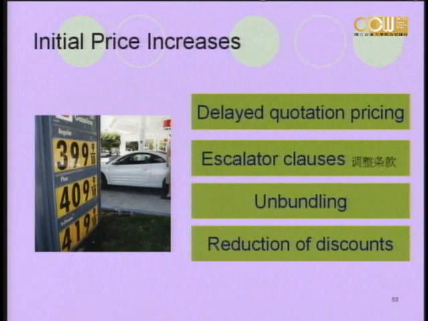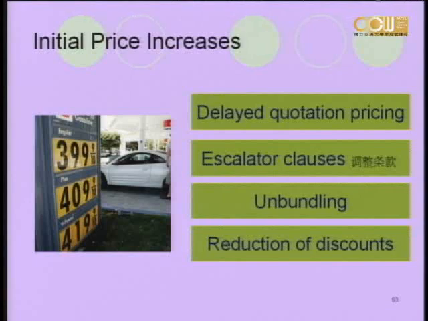Now the question is, how can I increase my price? That's another strategy. Okay, so they tell you: delay quotation. All right, the customer says, okay, I delay that. I wait for 1 month later. I give you that. All right, and escalator clause. You adjust our agreement from before.